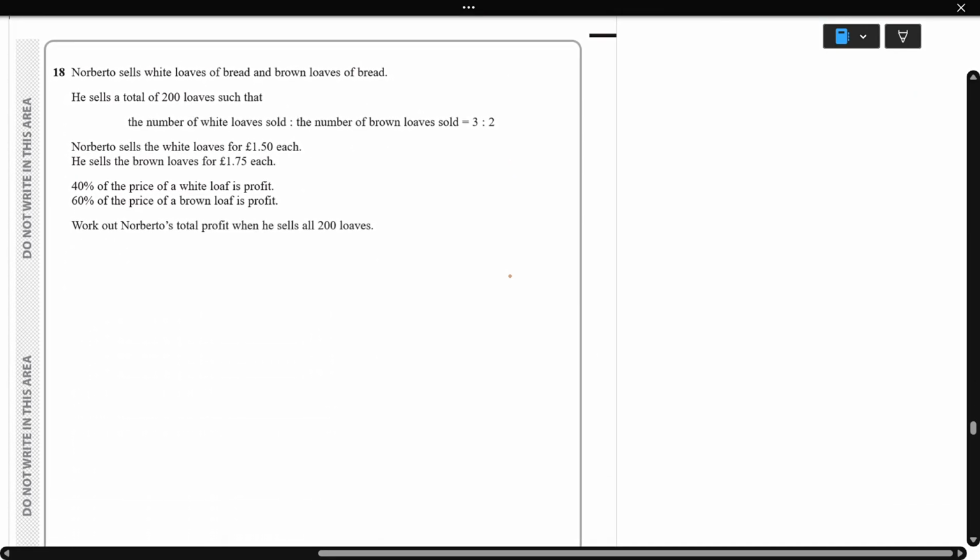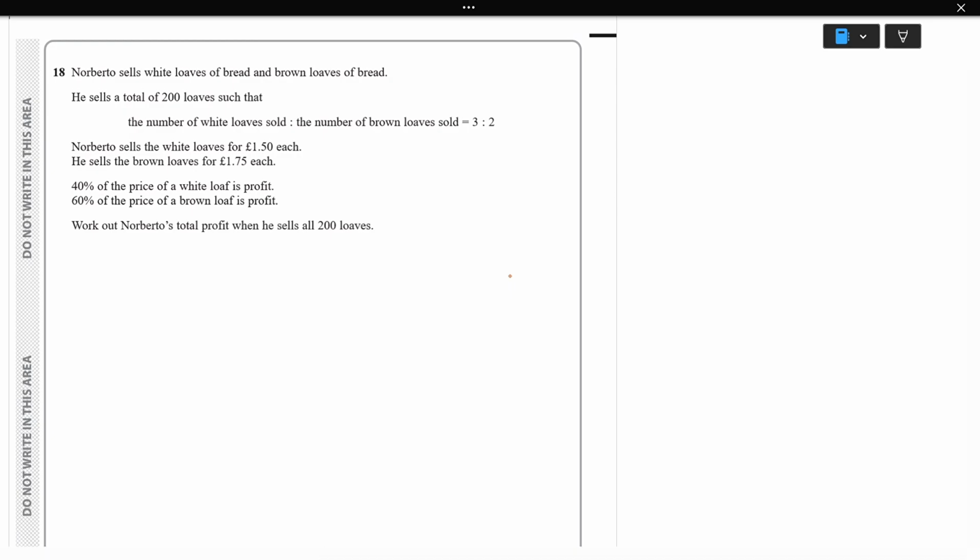Next, question 18. Norberto sells white loaves and brown loaves of bread. He sells a total of 200 loaves, such that the ratio of white bread to brown bread is 3:2. So I'll write white here and brown here. The ratio is 3:2. So next, 200 breads. So I'll count how many white and how many brown.